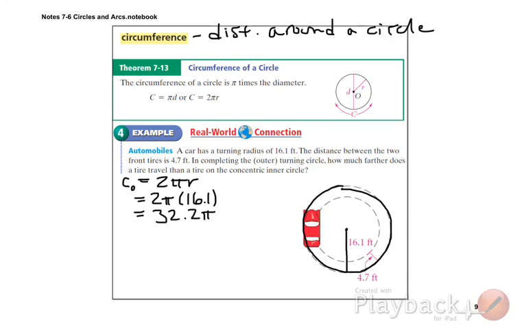Now what I want to do is find the radius, so I can find the circumference of the inner circle, which again is 2 times pi times the radius. So the radius would be this length right there. To do that, we're going to take that radius they gave us before, 16.1, and subtract this guy, 4.7, from that.